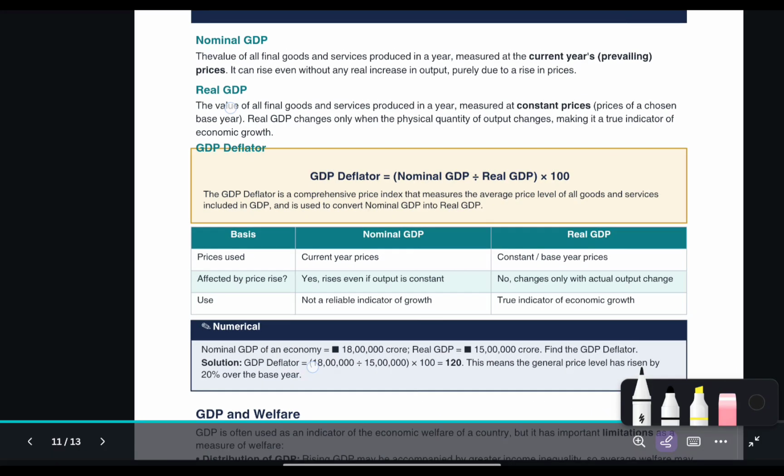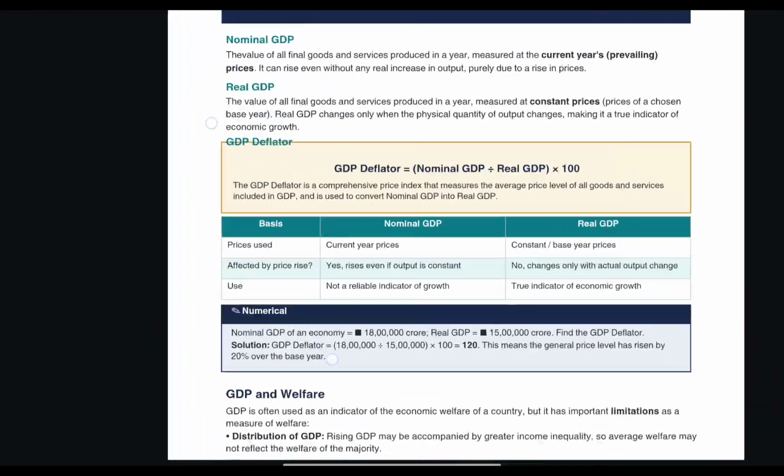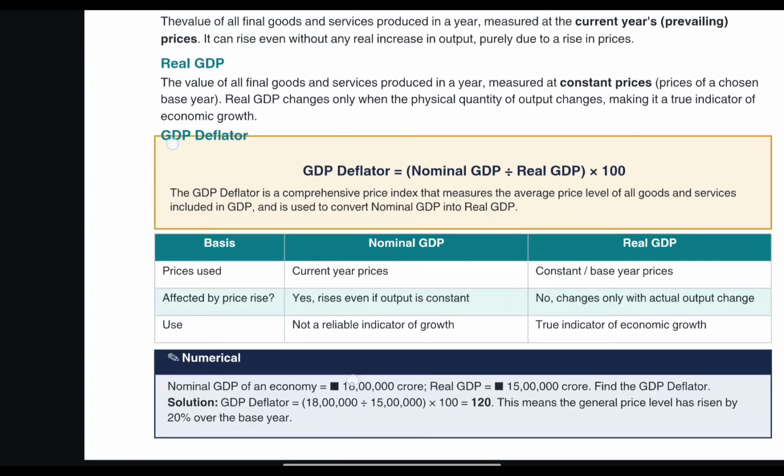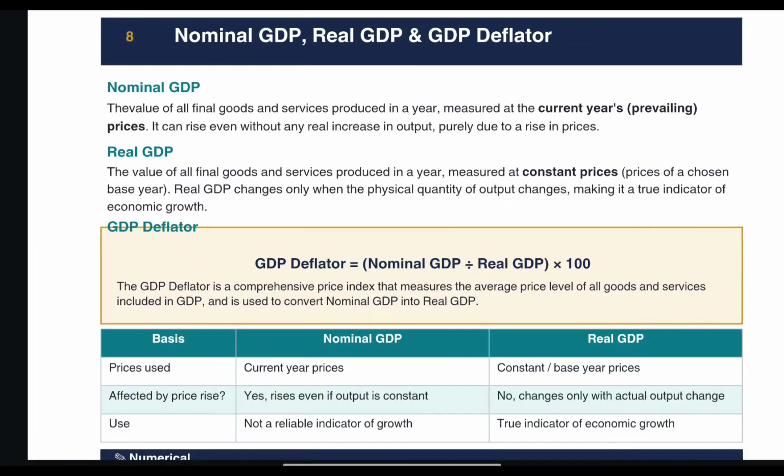Yes, only this slide is remaining: what is GDP, nominal GDP, real GDP. The value of all final goods and services produced in a year measured at current prices can rise even without any real increase in output due to a rise in prices or inflation. This is known as nominal GDP.